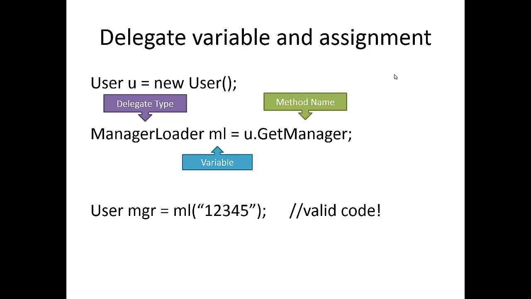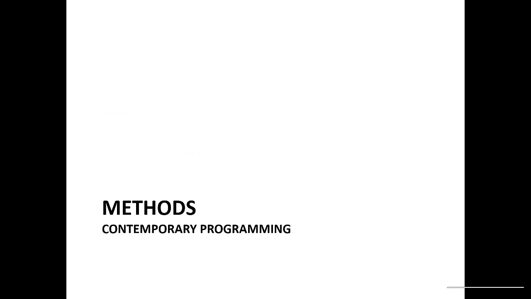Then on the third line, we call ML, which really is just pointing back to u.GetManager, and we're passing the string 12345. That GetManager function runs, does its work, and then returns a user, which we then store in the User mgr variable.